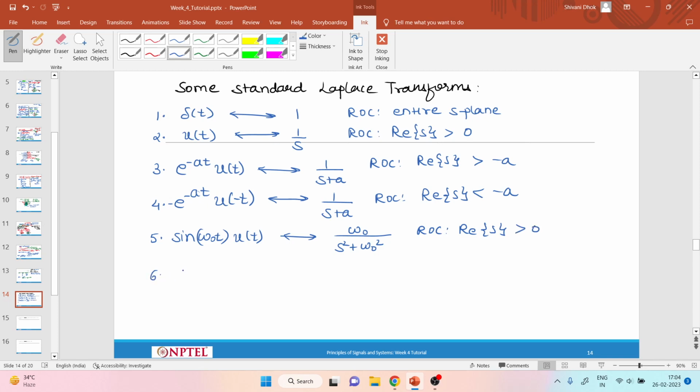And similarly, cos of omega naught t u of t has a Laplace transform of s upon s square plus omega naught square, and the region of convergence is simply real part of s greater than 0. So these are some of the standard Laplace transforms, and we will make use of these to solve the next few questions for which we are going to find the inverse Laplace transform.